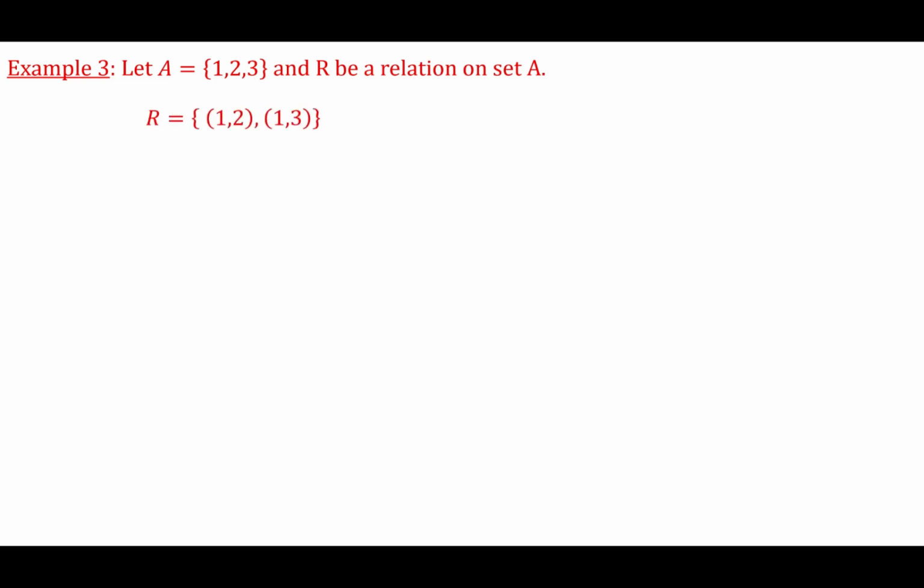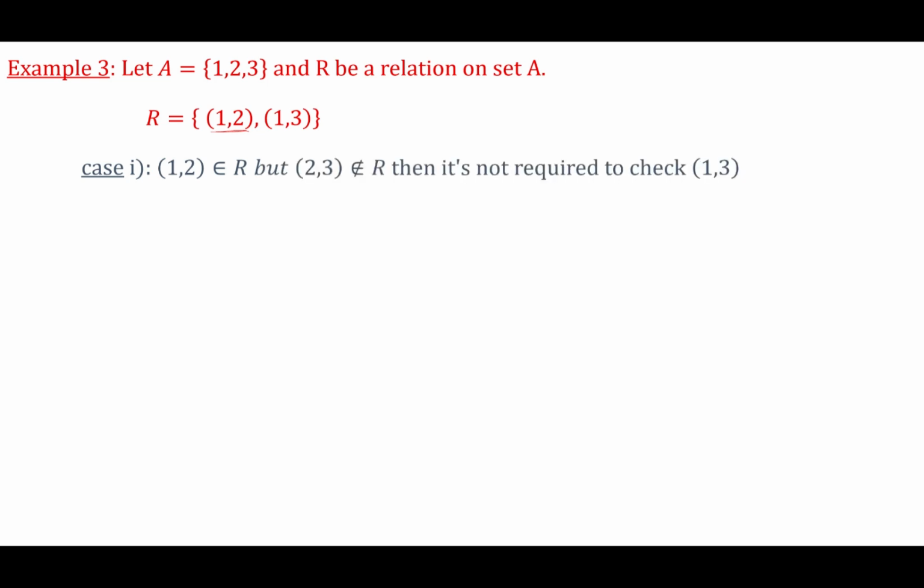Let us have a few more examples, because this topic is a bit difficult. Now, set A has elements 1, 2, 3, and relation R is defined as {(1, 2), (1, 3)}. (1, 2) is there but (2, 3) is not there, so I don't need to check (1, 3). So this satisfies the transitive condition.